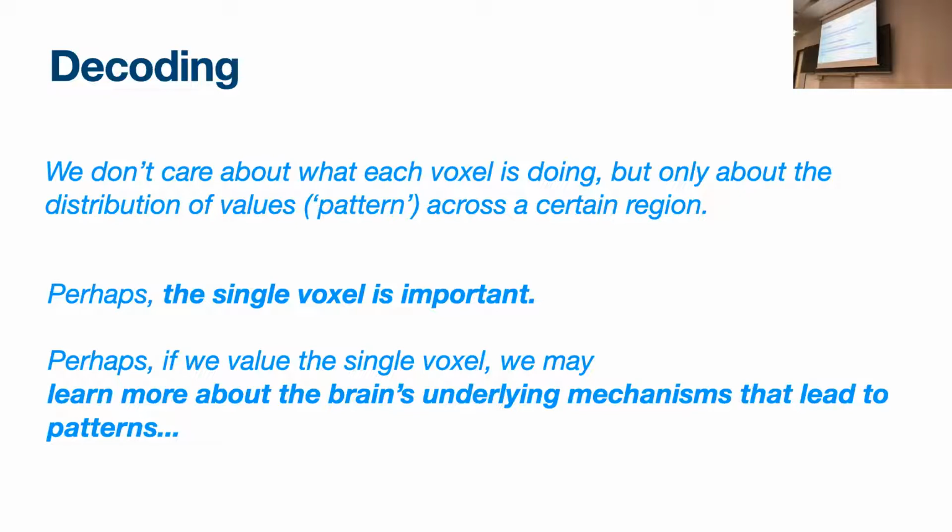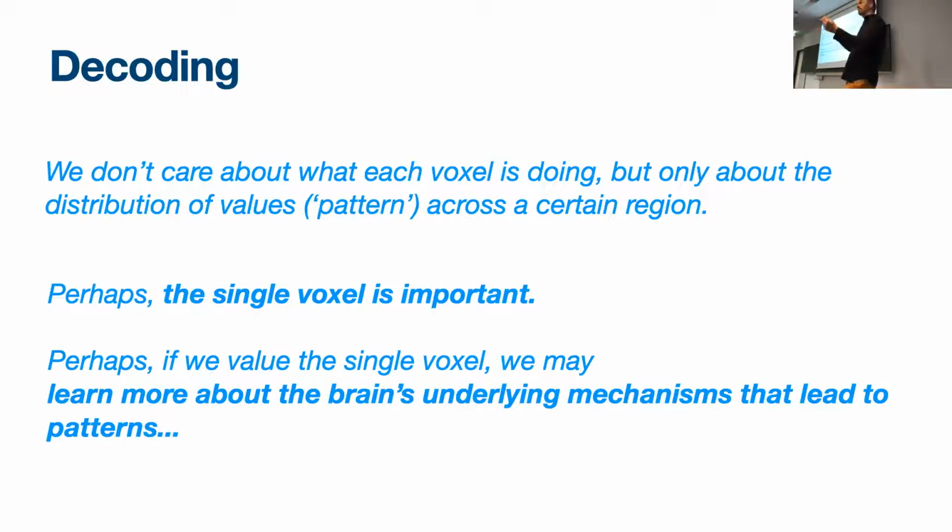So the argument here is that the single voxel is important. It's not just something that you have to average over to get a blob, right? And you also shouldn't just group the single voxel in a pattern. What we should do is value that this single voxel is an independent measurement and really try to learn more about the brain's underlying mechanisms that then lead to patterns, right? So if I understand what every single voxel is doing, I also understand why a pattern arose, right? Because I know that this voxel was high and this voxel was low in activation.